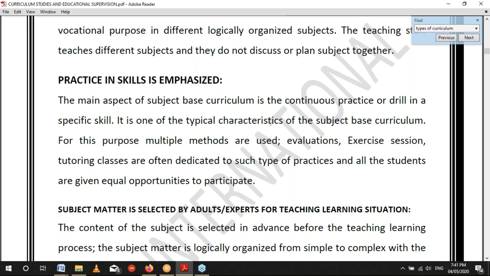Another defense of subject curriculum. Two, they claim that it is compartmentalized and fragmentary. They say that is not true, because no student can study only one subject in a session or in a course.